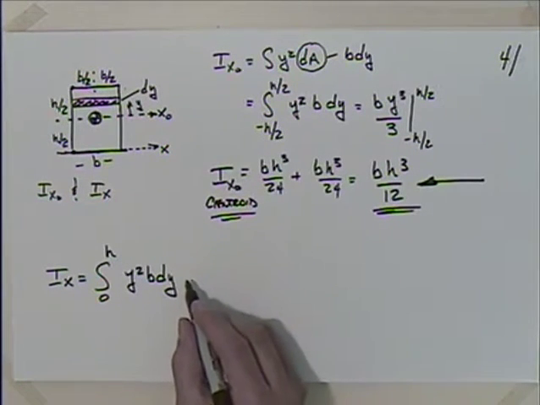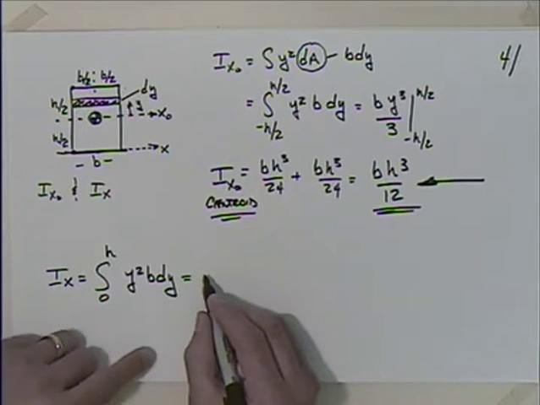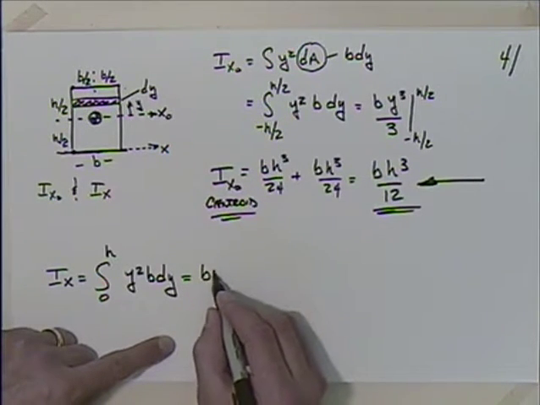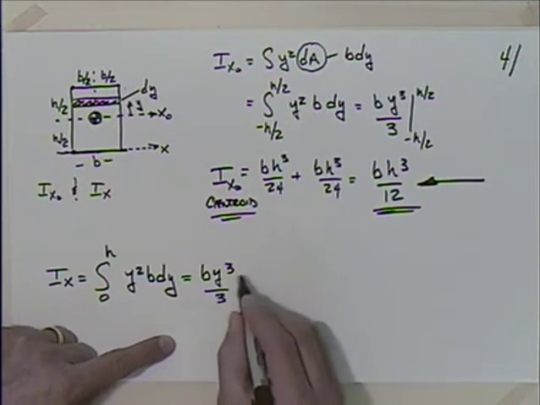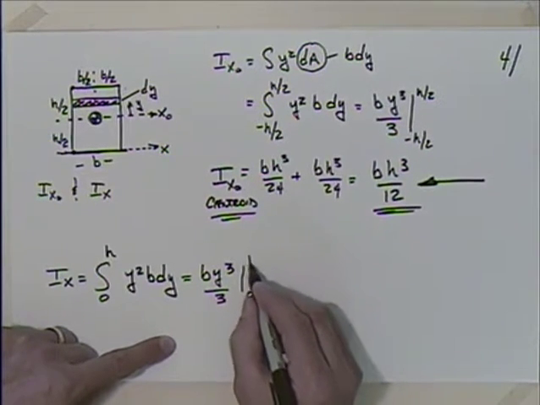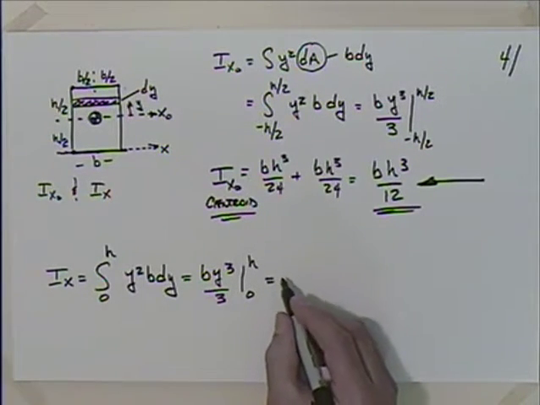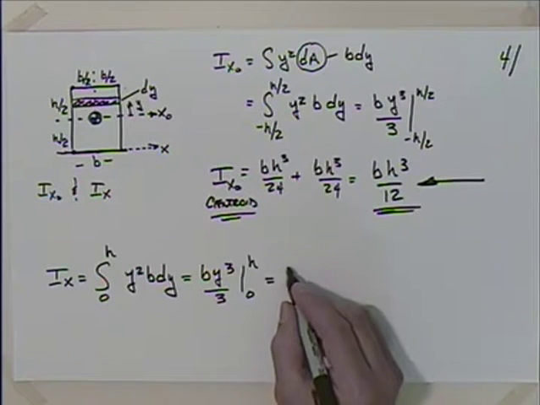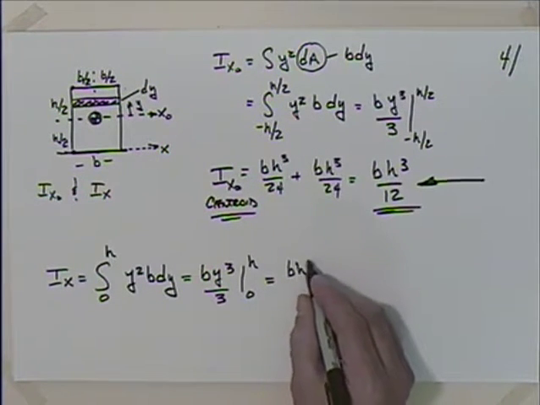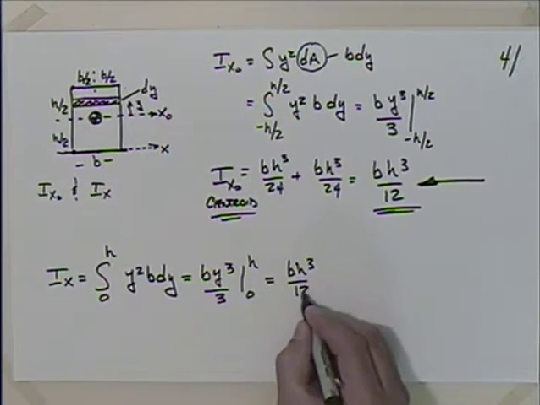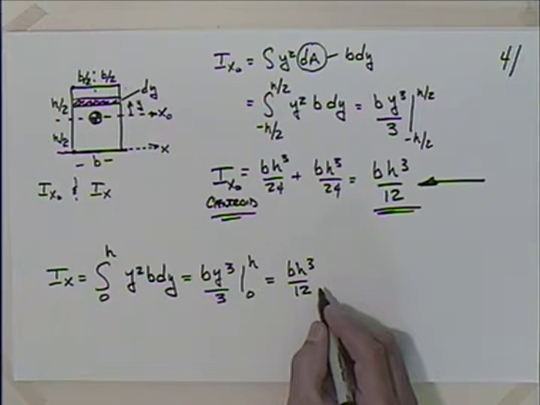Okay, so when you do this, you're going to come up with what? Base times y cubed over 3 evaluated at 0 and h. What did we end up with there? Base times height cubed divided by 12. Is that right?